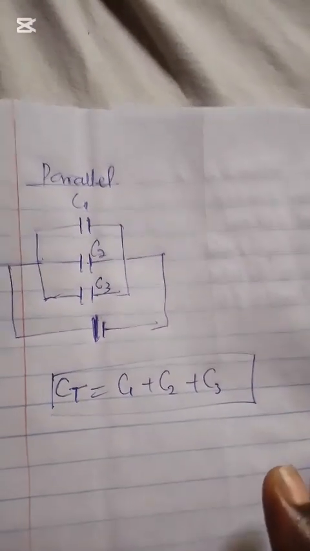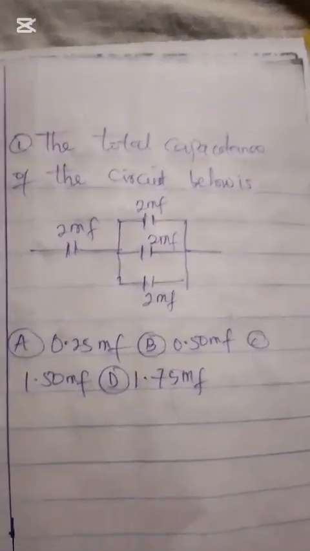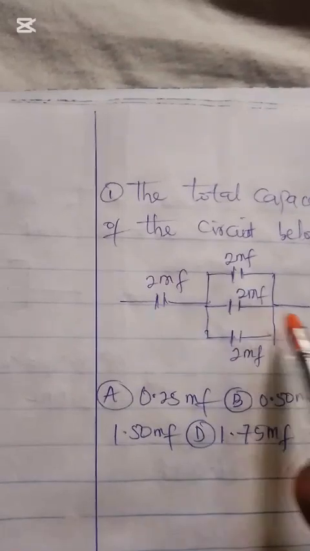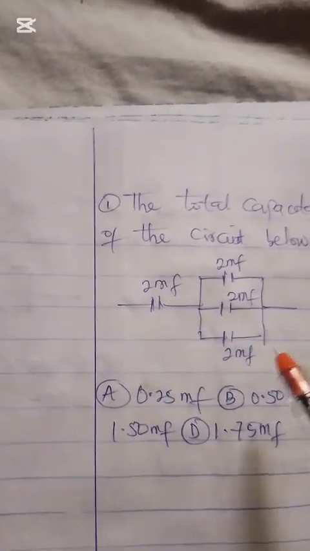Let's just go straight and look at some examples on this capacitor. Let's look at this question here. The question says the total capacitance of the circuit below is, we have to look for the total capacitance here. Before you solve a question like this, first of all analyze and see the one that is series and the one that is parallel.